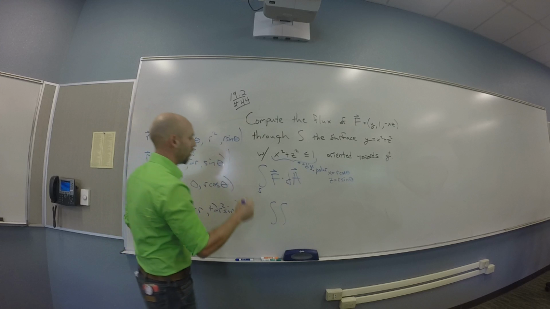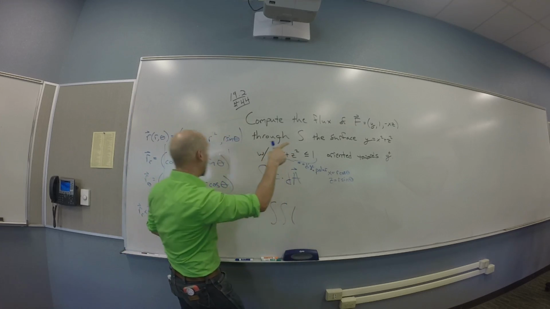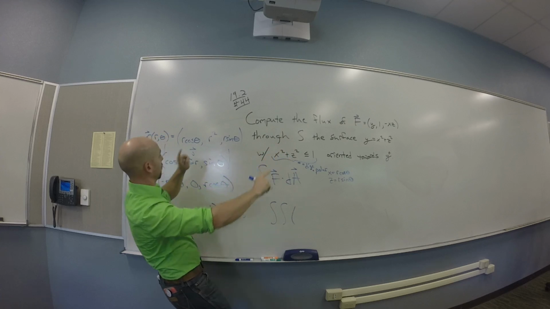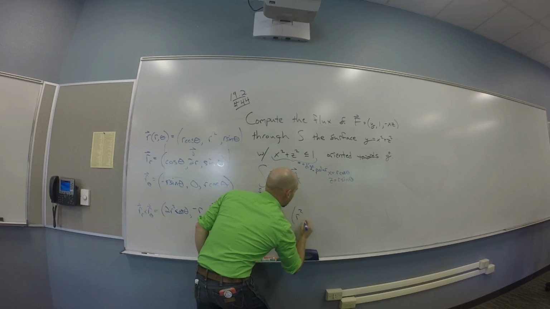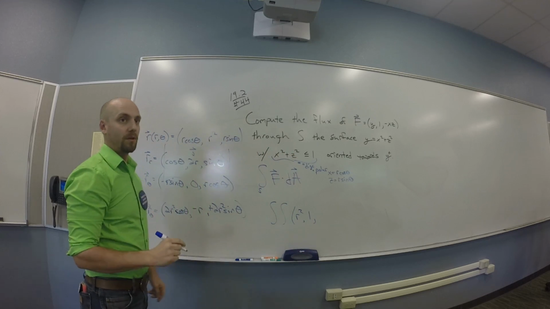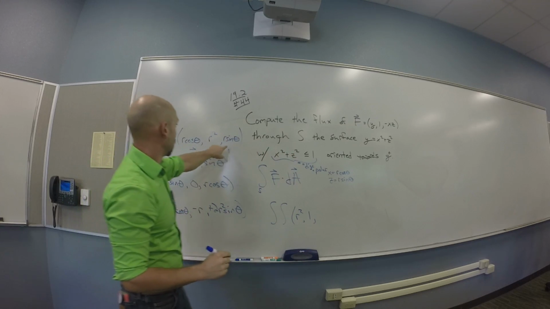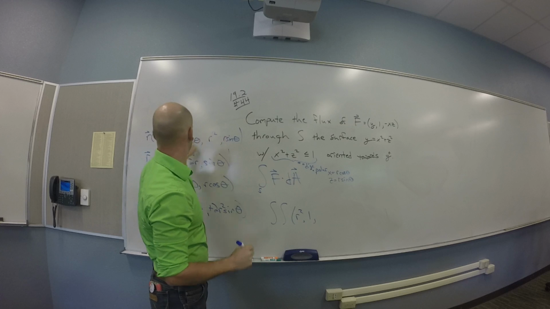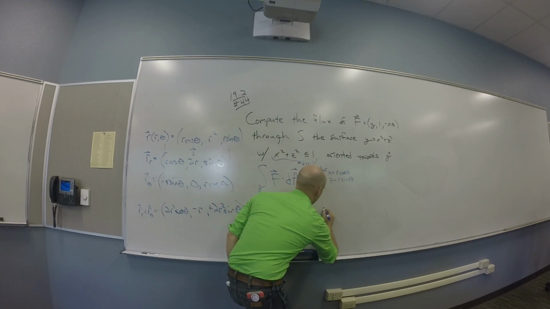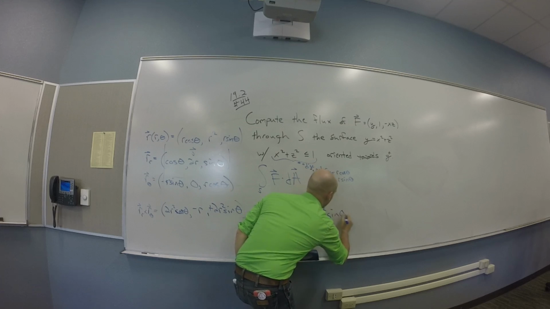So you need F: y is r squared, comma 1, comma negative x times z, so you got negative r² sine theta cosine theta.